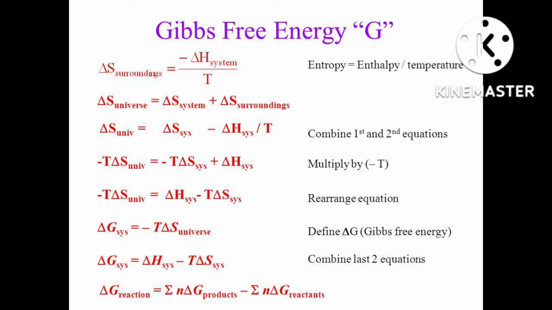Also they have given the standard free energy change at the given temperature: standard delta G is minus 13.6 kilojoule per mole. Now you have to calculate the equilibrium constant, not Kp, K.